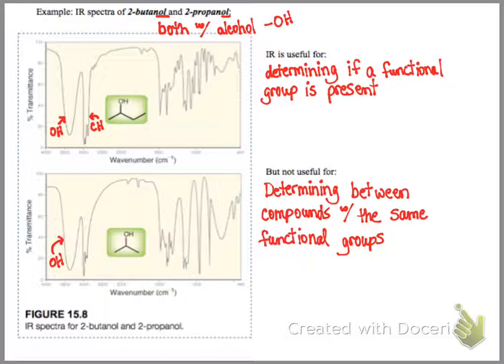What we cannot do is tell the difference between these two compounds by looking at their IR because they both look really similar. We can't tell the difference between one alcohol and another alcohol compound using IR. Not usually, anyway. So it's not useful for determining between compounds that have the same functional group.